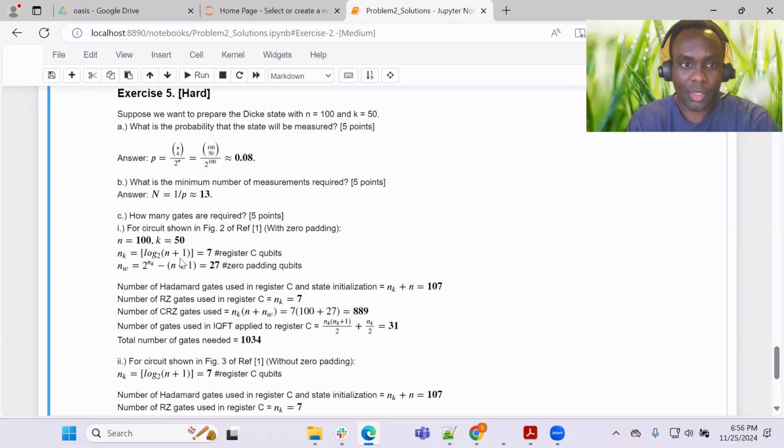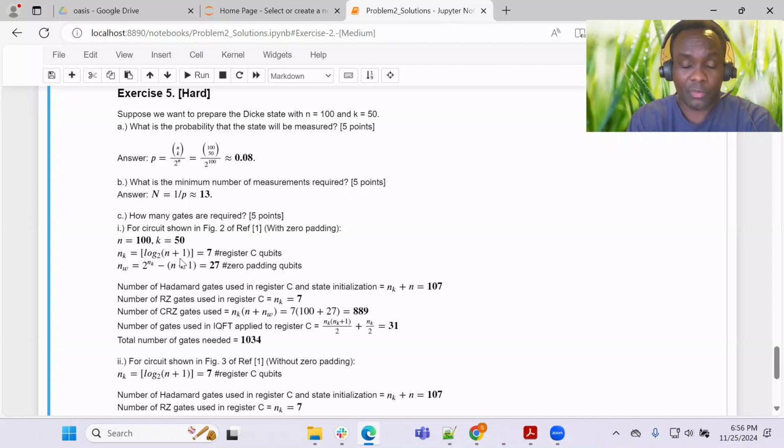Part B. What is the minimum number of measurements required to realize such states? This is also worth 5 points. Given the probability P above, what is the minimum number of measurements required? Think of this as a geometric series. What is the expected number of measurements required to get a success for the first time?